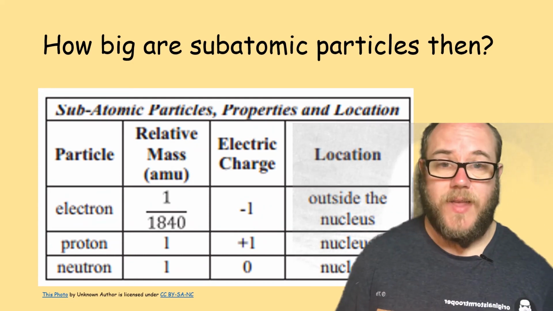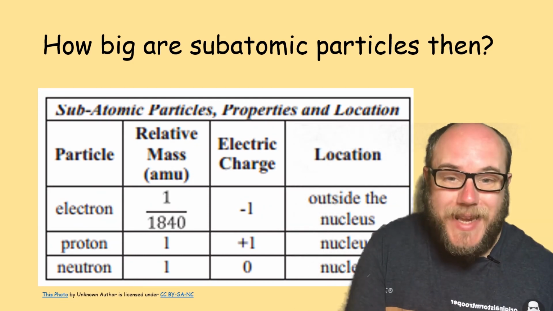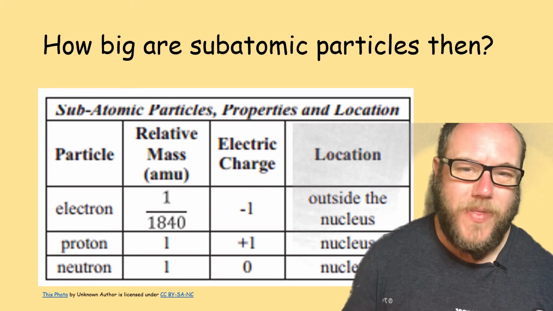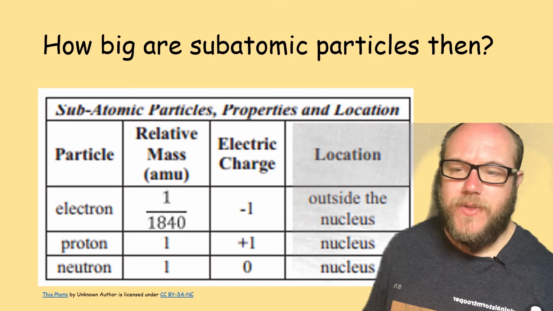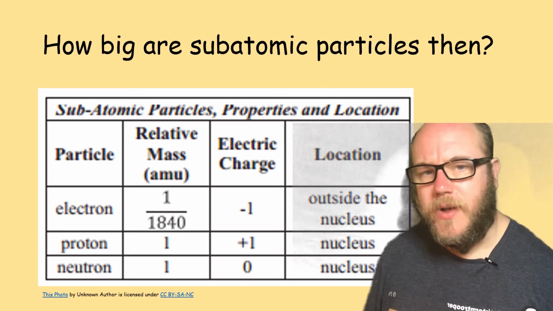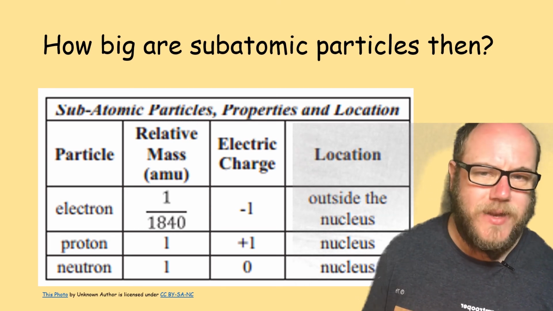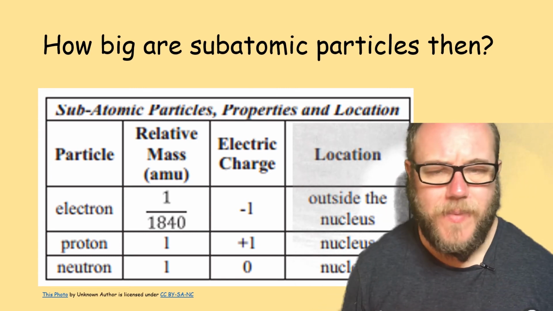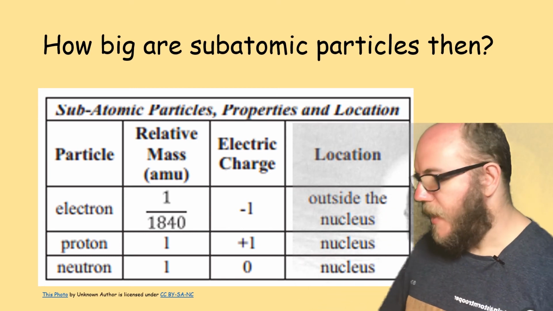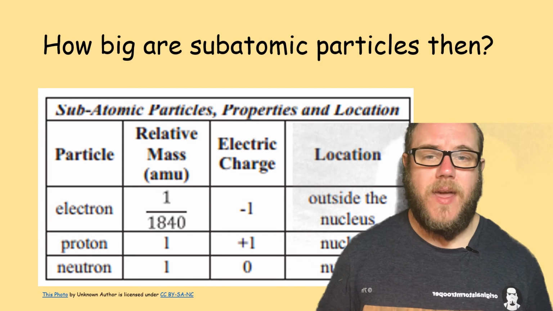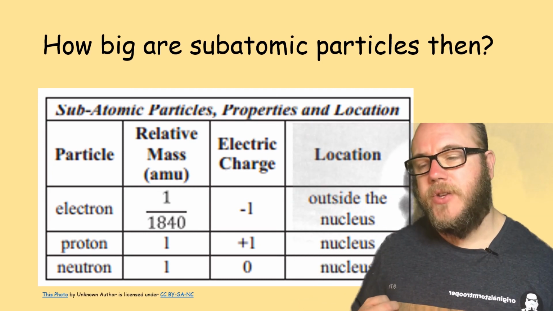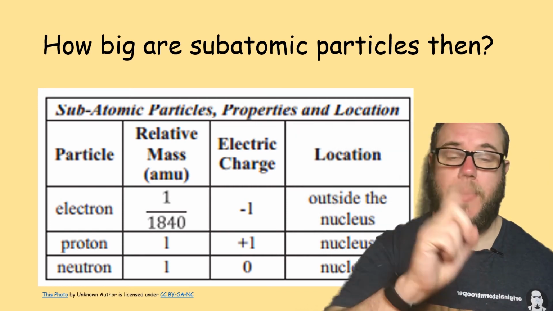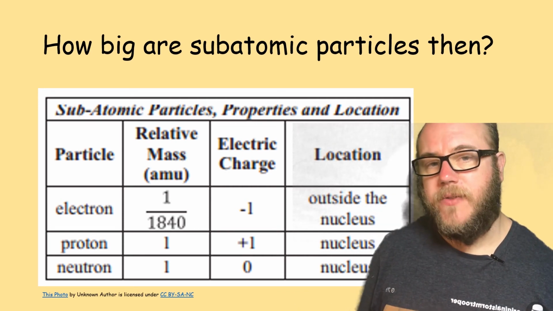We basically say the mass of an electron is teeny tiny. It's about 1 over 1,800 or something. Almost 2,000th the size of a proton. Very, very tiny. Negligible. No one even cares about the mass of an electron. Its charge, we say, is -1 because we take one charge to be 1.6 times 10 to the minus 19.